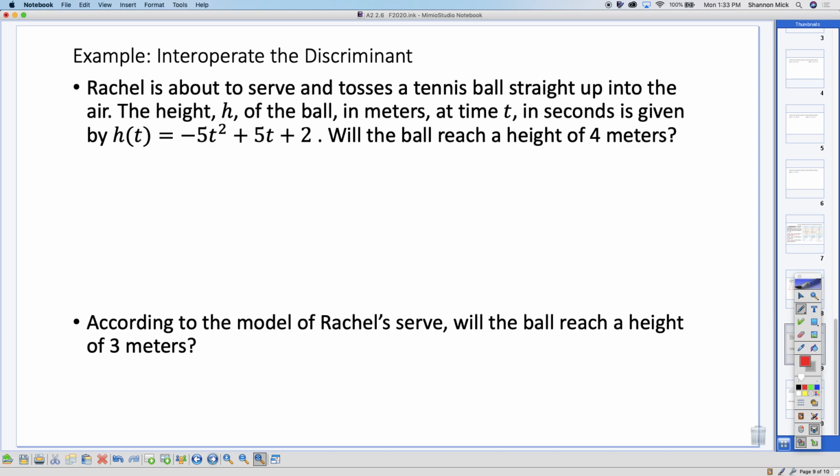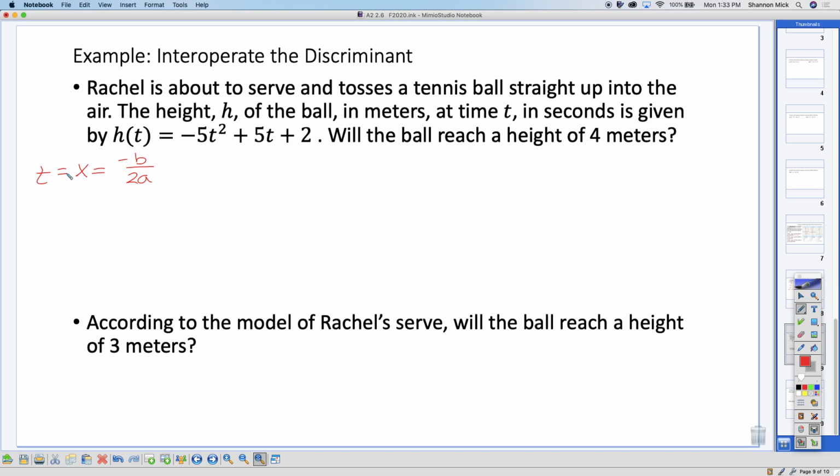How do we find the x of the vertex? Negative b over 2a. That gives me the x, or in other words, the t in this situation, t for time. And then how will I find the h?